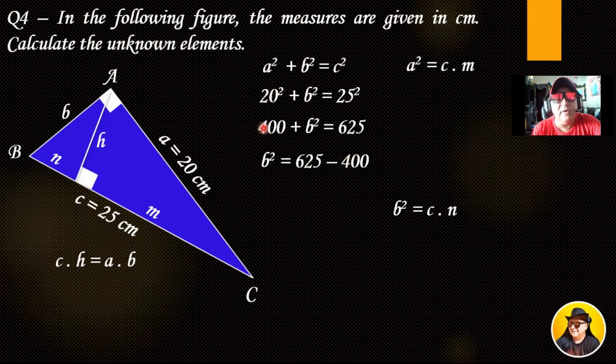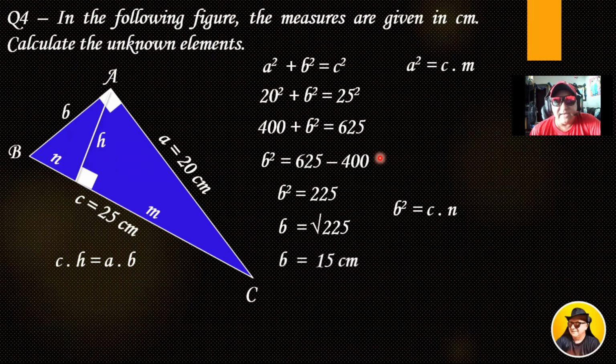It was positive, it comes negative, okay? I remember the reverse operation. So now let's operate. 625 minus 400 is 225. So B squared is 225. And taking the square root, B is the square root of 225, that is 15. So B is 15 centimeters.